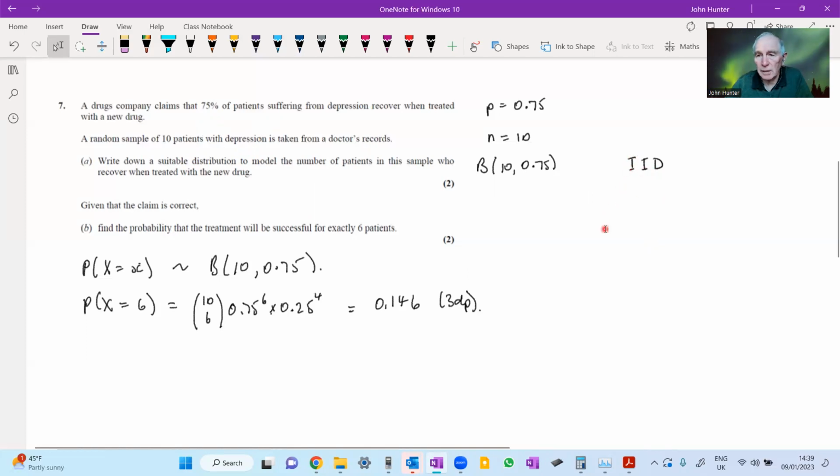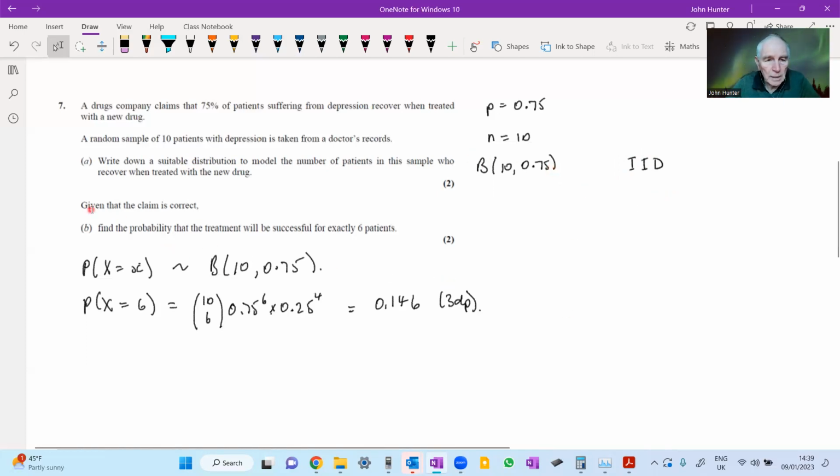So give it to two people: if one is successful, it doesn't make any difference as to whether the other one is successful. So that's the little reminder, if you like, for the conditions for this to be a valid model.